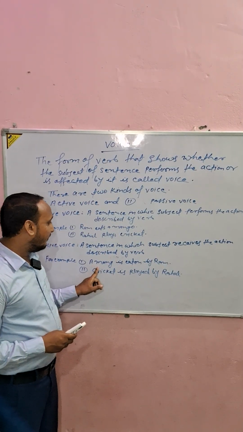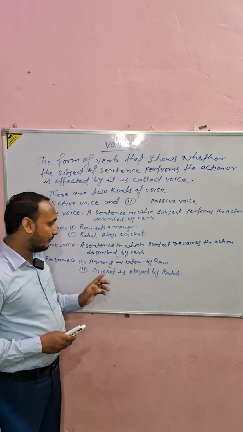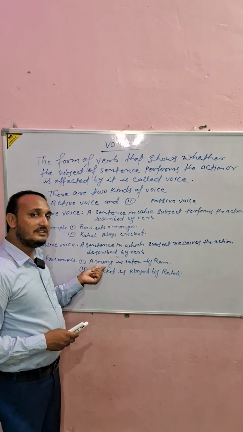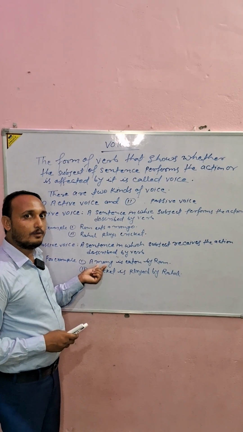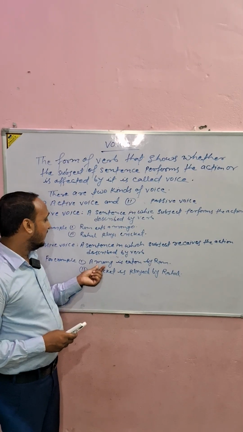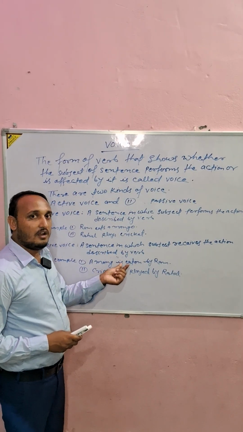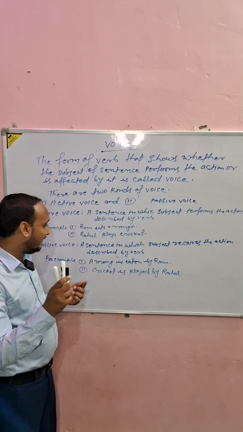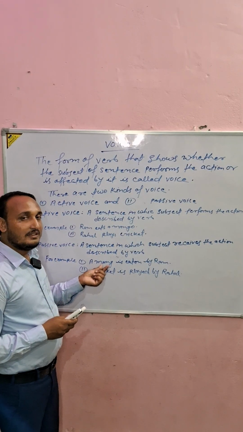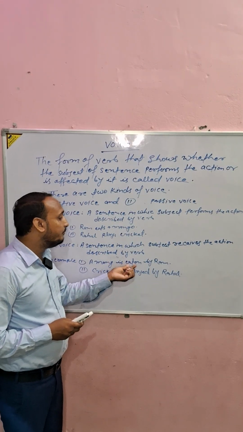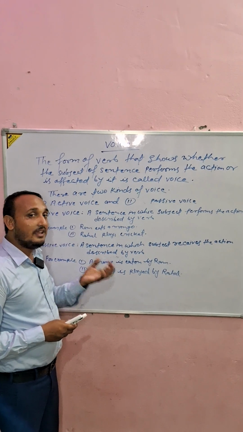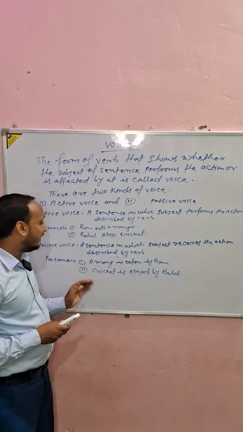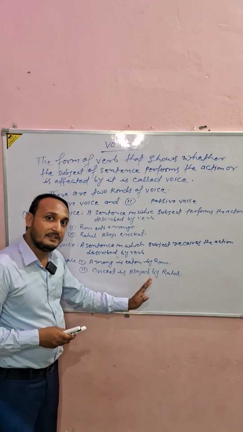Here a mango is the subject of this sentence, and the subject is receiving the action of being eaten. The subject cricket is receiving the action of being played. Because of that, both sentences are in passive voice.